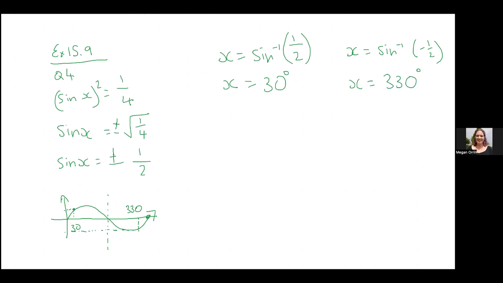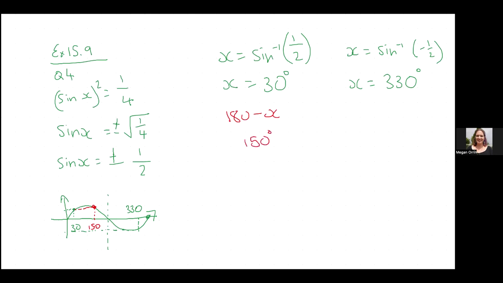Now, think about what's going on here. I'm going to change colors here. I also have another equivalent value here, don't I? What's this value going to be? Why is it 150? Yeah, right. So remember, the rule is that it's 180 minus the angle. So that gives us 150. So what about this one?